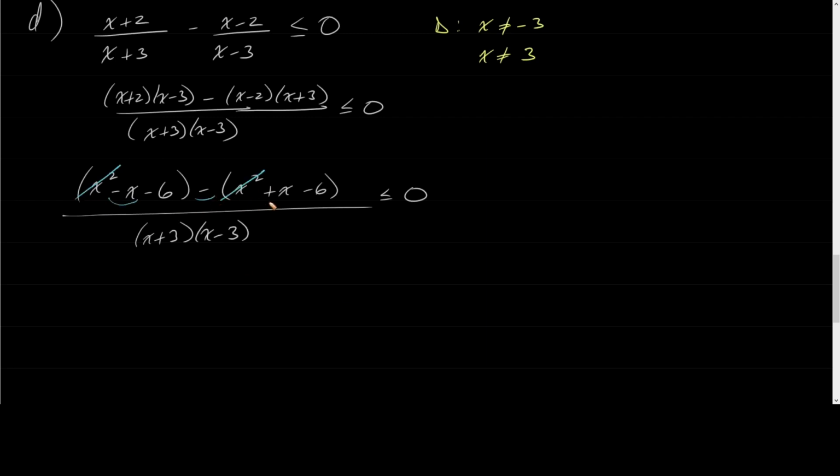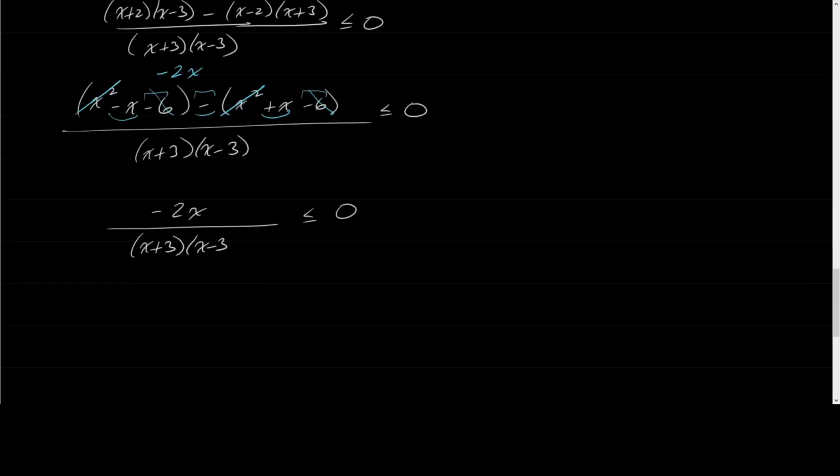Negative x minus x, that's going to give us negative 2x. And then negative 6 minus a negative 6, those are going to cancel out as well. So what we really have here is just simply negative 2x over x plus 3 times x minus 3 is less than or equal to 0. And now, this is where we're going to start looking at this as an equality. So we're going to look at this as negative 2x over x plus 3 times x minus 3.